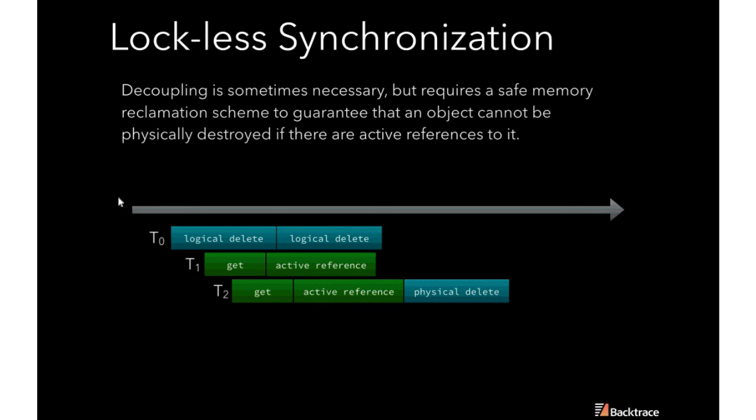You have a logical deletion and then an actual physical deletion. So thread 0 here does a bunch of logical deletes. Thread 1 acquires a reference to an object, same as thread 2. And thread 2 is the last thread to remove its reference to a particular employee object, and now it is responsible for deleting that reference.